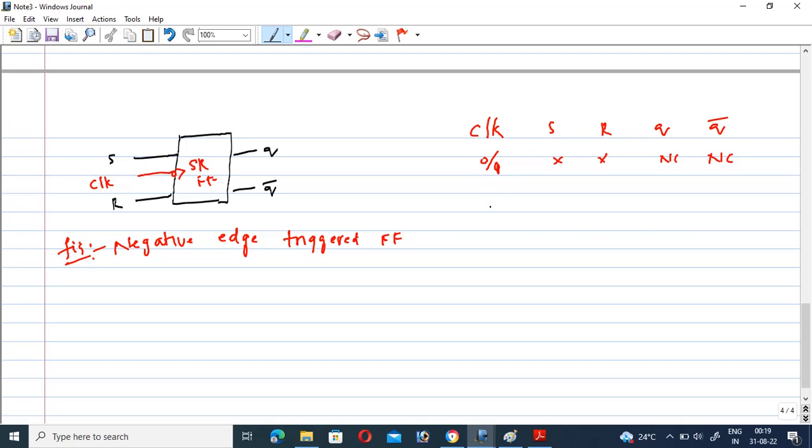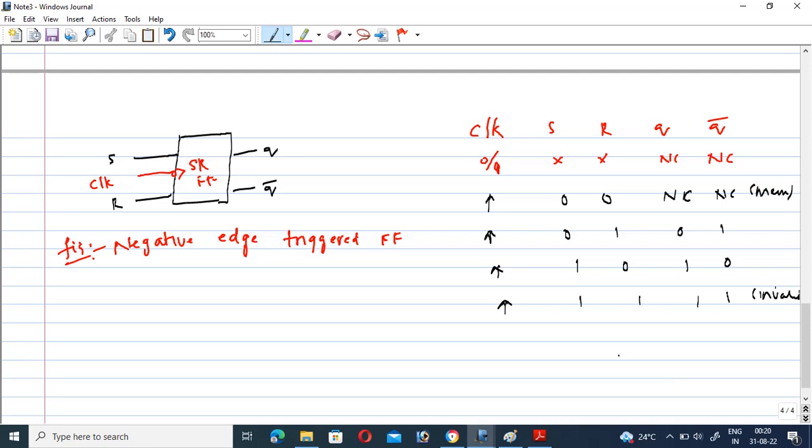If it is a positive edge, when the clock has a rising edge, at that time 0 0 refers to the memory, a no change condition. On the next rising edge, 0 1 is a reset condition. Next rising edge, when S is 1 and R is 0, it is a set condition. And for 1 1, it is invalid. So this is the SR flip-flop diagram.